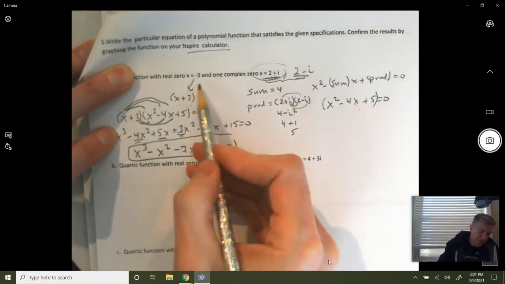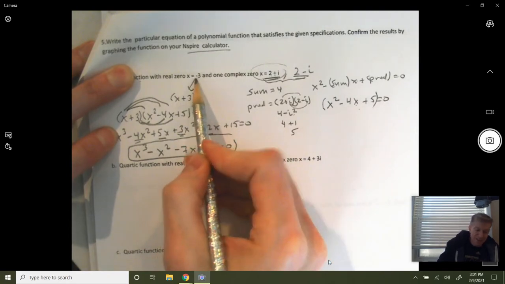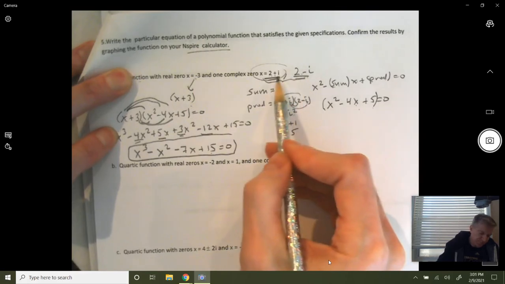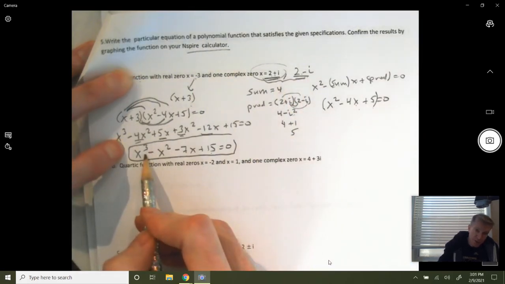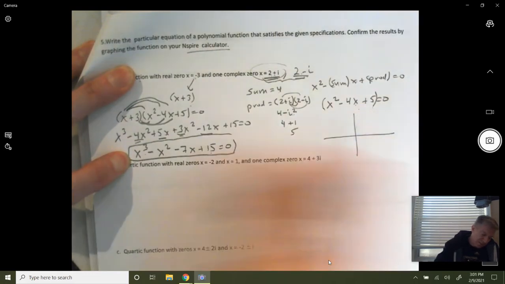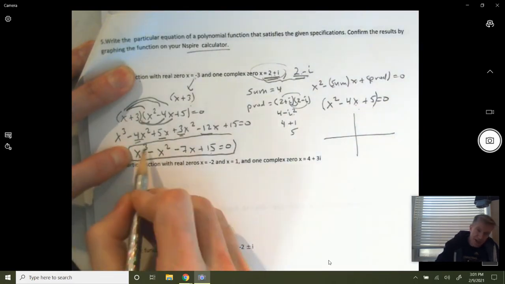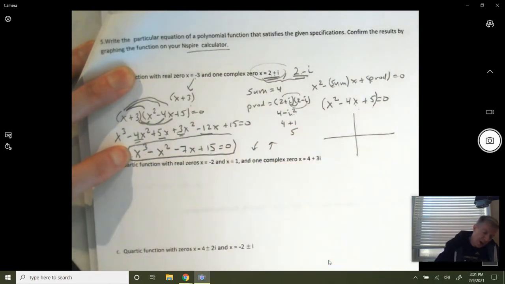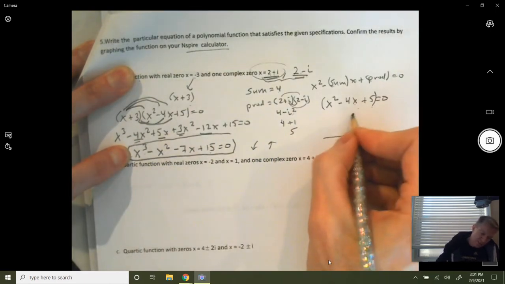Now you'll find a solution at x equals -3. Here you're not going to see a solution there. But we know the end behavior, since it's odd degree with a positive lead coefficient, it's going to be like that. The y-intercept is 15, so somewhere up there.